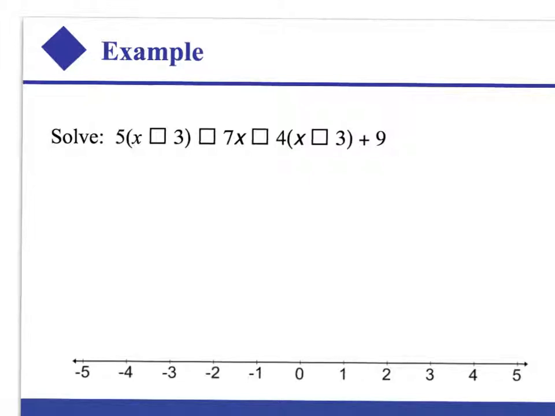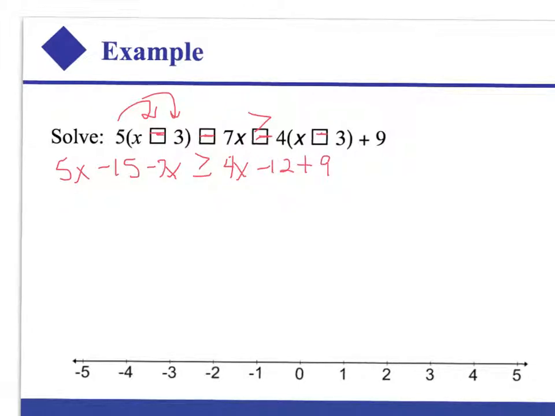Now this one we have to do some distributing and make sure we get everything like we need to. So let's start here. You have to clean up everything. So I wind up with 5x minus 15 minus 7x is greater than or equal to 4x minus 12 plus 9.